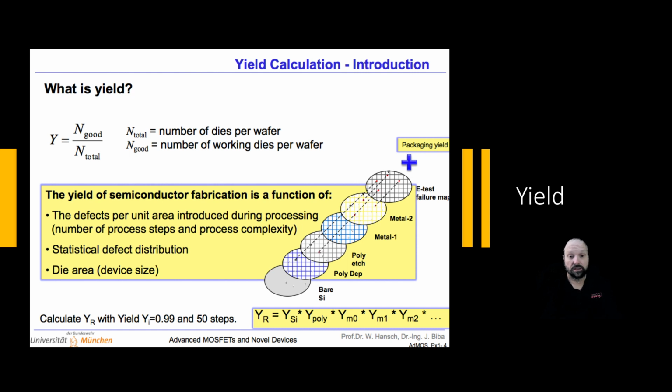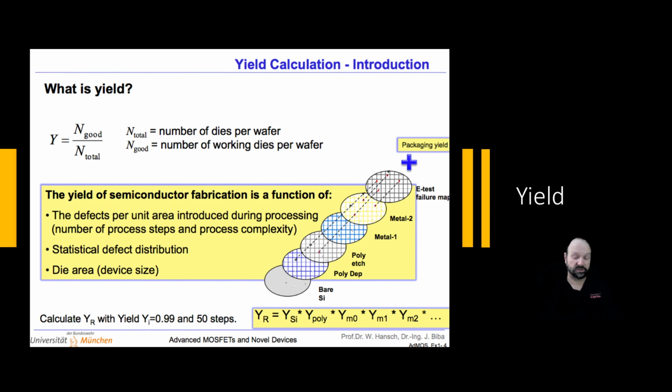Each layer can have defects. You might only have one or two defects on each layer, but if you have 50 layers, they can add up and cause a large yield crash. If you look at the yield sub R at the bottom, you can see that it's a product of the yield of each individual layer.